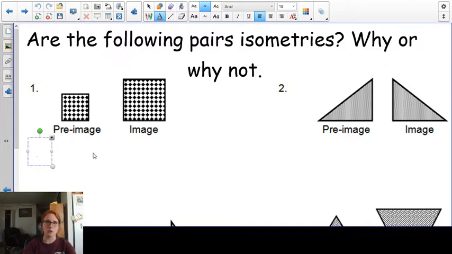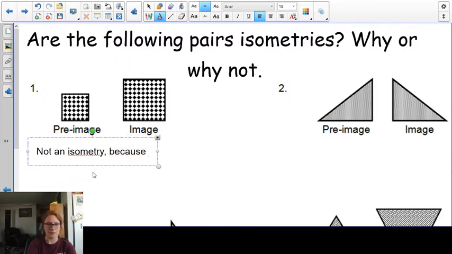So this one is not an isometry. My computer doesn't like the word isometry, but it does exist. It just does not like math terminology. It is not an isometry because it is not the same size.